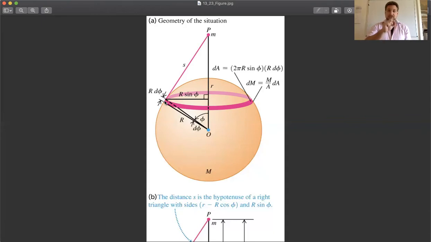The distance between that mass and point P, that's s, lowercase s. And since it's symmetric, all of those points in that pink ring are lowercase s away from point P.